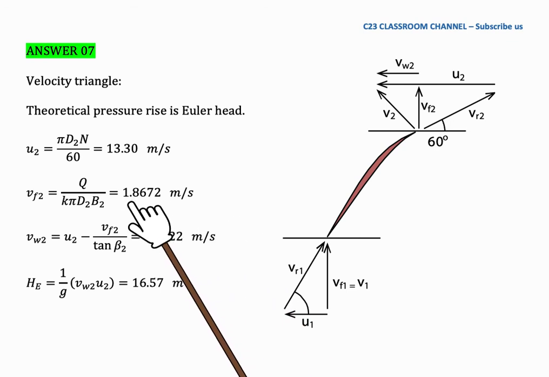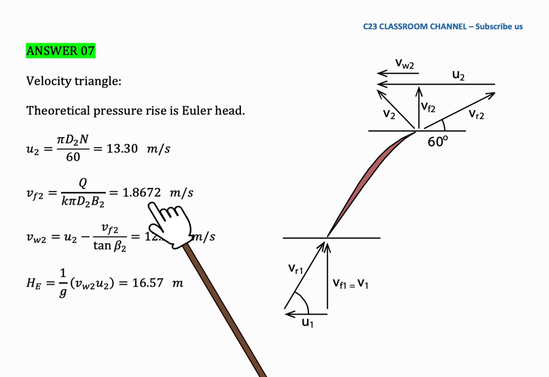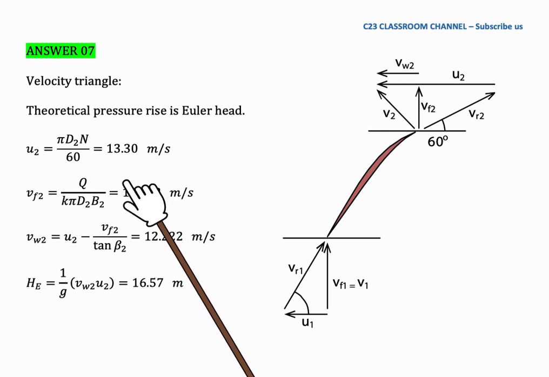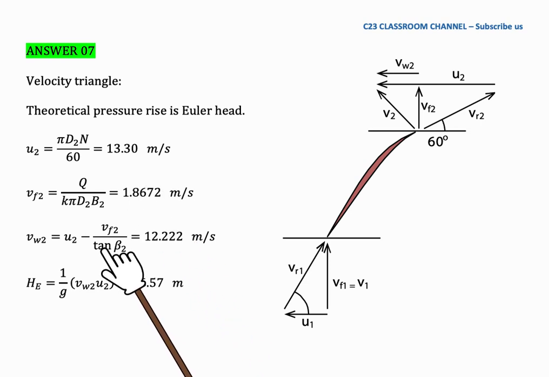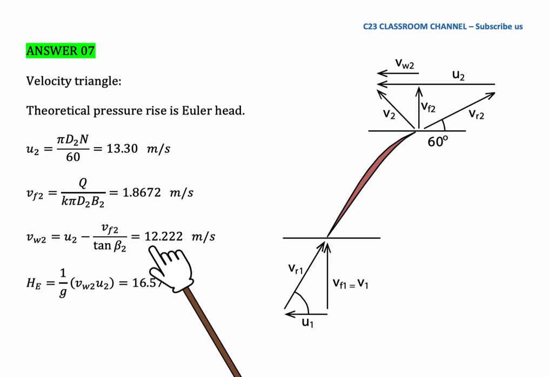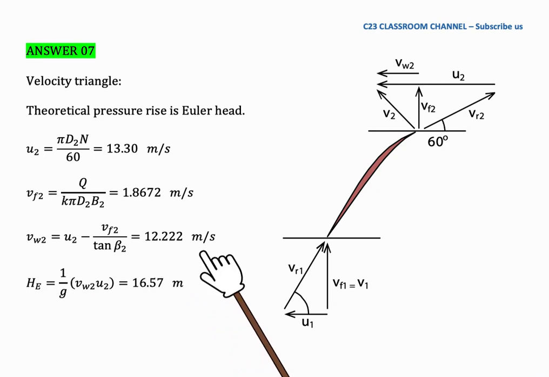Then, by having this value, we get V2 equal to 12.222 meters per second. Then we substitute in this equation, and we get Euler head equal to 16.57 meters.